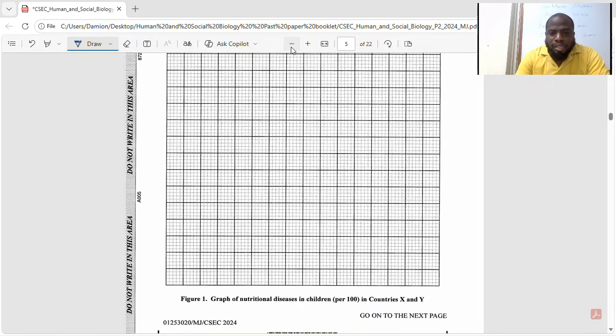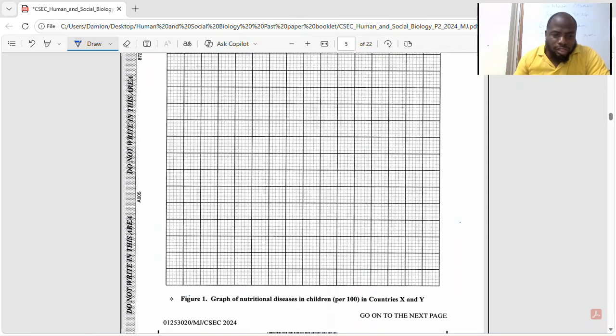Hopefully we can still see it. In this case, I'm going to be placing my diseases on the x-axis, and I'm going to be putting the number of children who have the disease on the y-axis.